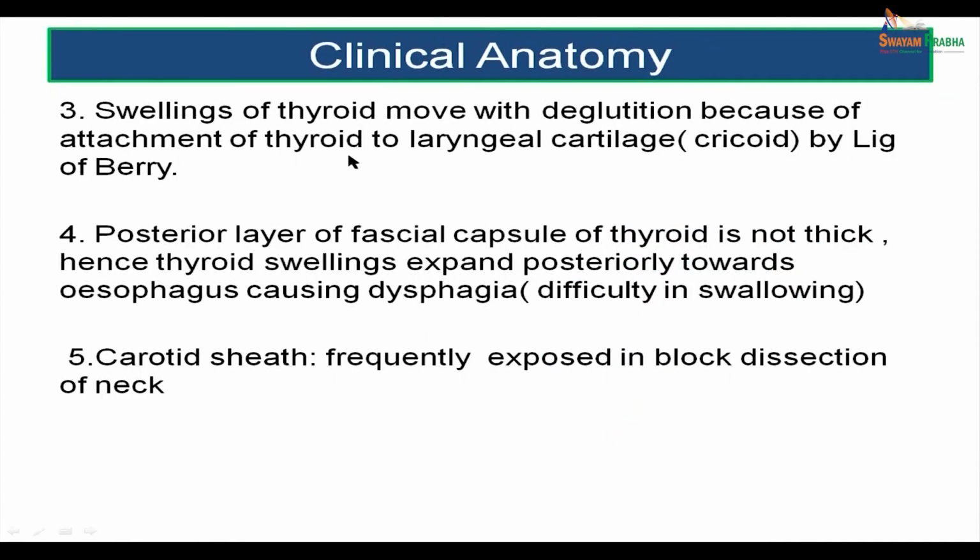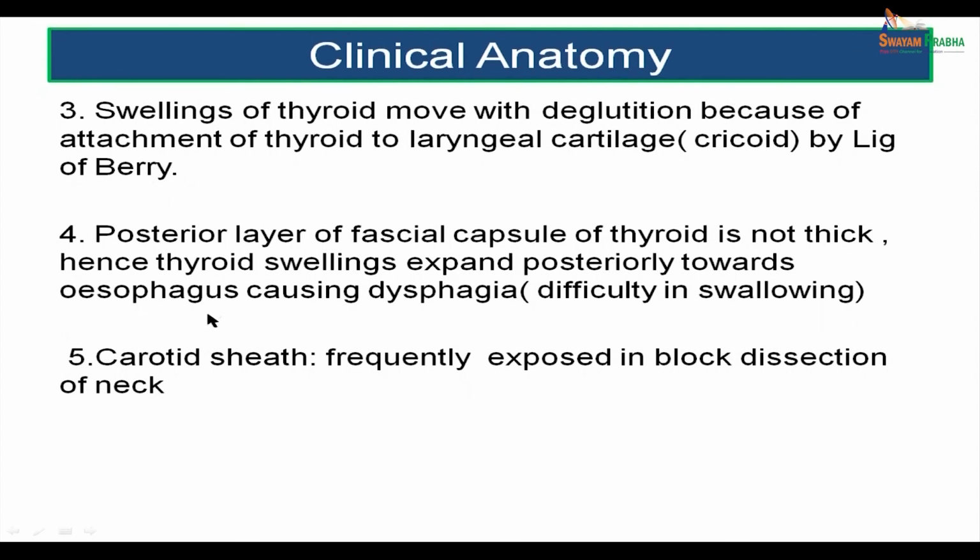The next important clinical point is that the thyroid gland can have swellings. These swellings of the thyroid move with swallowing or deglutition, and we have understood now they move because the thyroid gland is attached to the cricoid cartilage with the help of a ligament called the ligament of Berry.